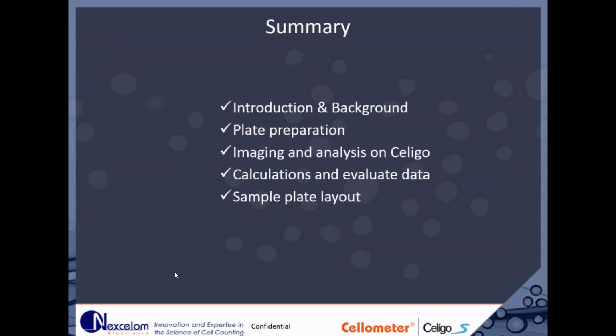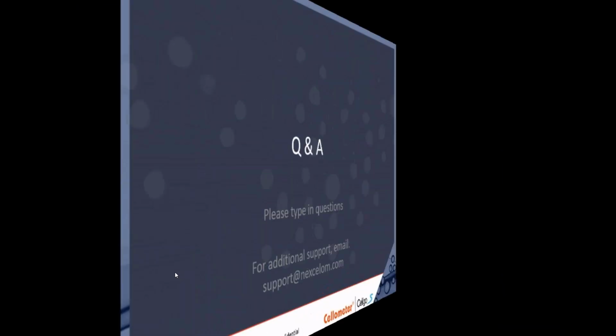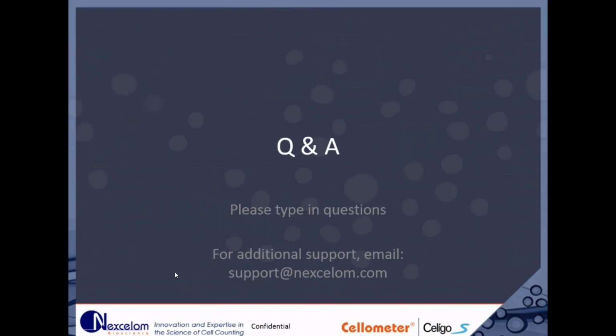And then I showed you an example layout of how you would actually run unknown samples. So that's a lot. I know that was a lot, but it was a really good experiment and assay to teach people how to do cell suspension samples of unknown and known populations. So at this point, I'd like to open up the forum for some questions that I might be able to answer.